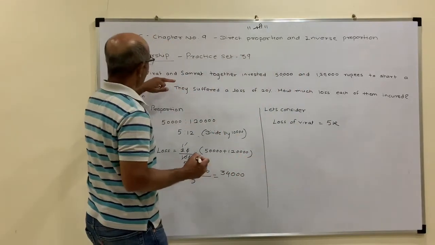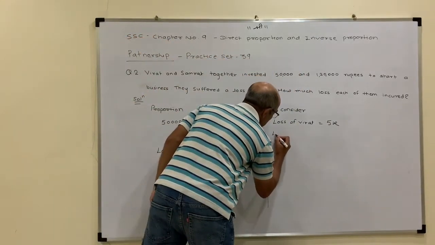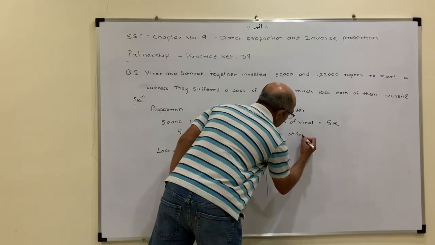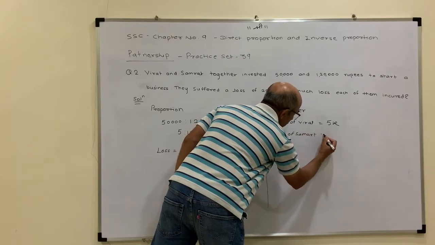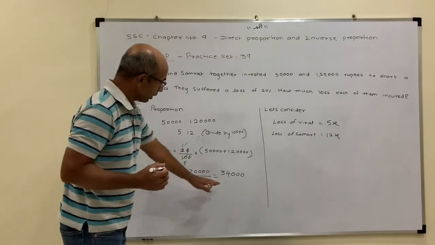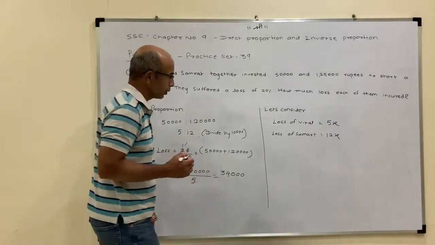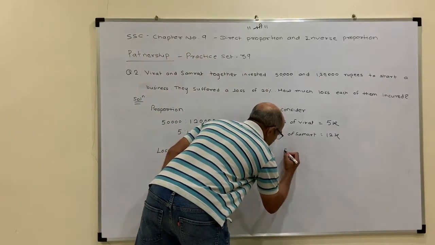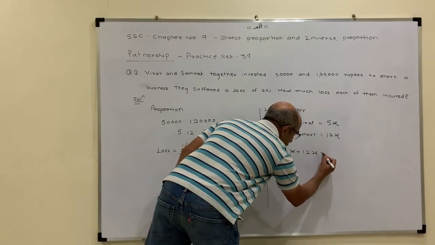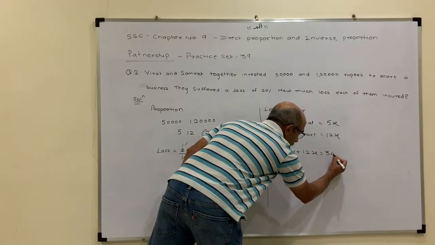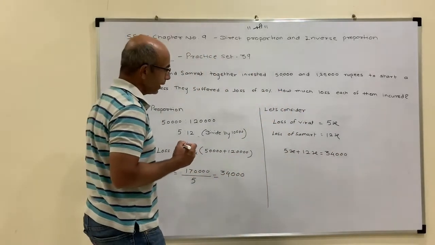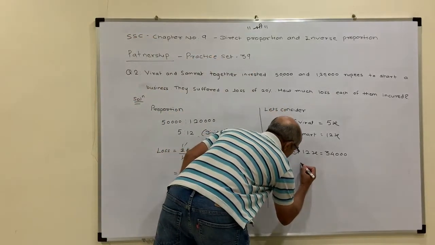The loss of Samrat equals 12x. And total loss is how much? Together 34,000. So what will we do? 5x plus 12x equals 34,000. 5x plus 12x comes out to be 17x.